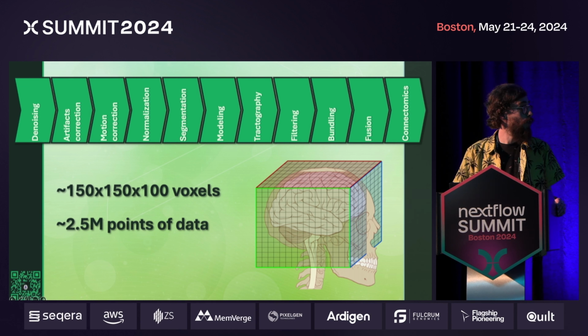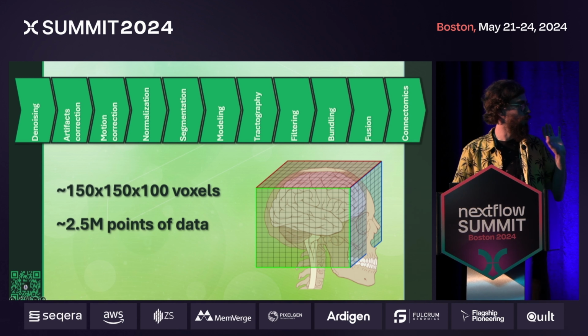And in diffusion MRI, we don't just do one of those acquisitions. We repeat that tens or hundreds of times to get enough data to fit our models. And thanks to compression, those images fit on disk nicely, but we have to be clever when we process those because they tend to break the available RAM on our computers.